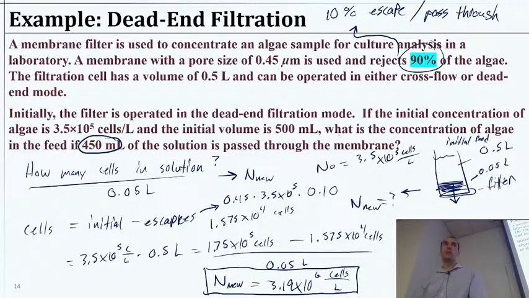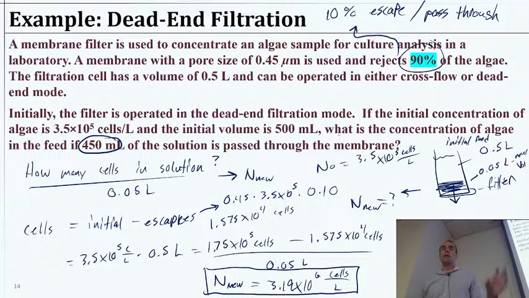I also glossed right over that one, so that's a really important point there. Right, so if we pushed 450 mils through out of the 500, then we're left with 50 remaining. So this would be like the new volume. So that's the initial minus the escapees that are in there.